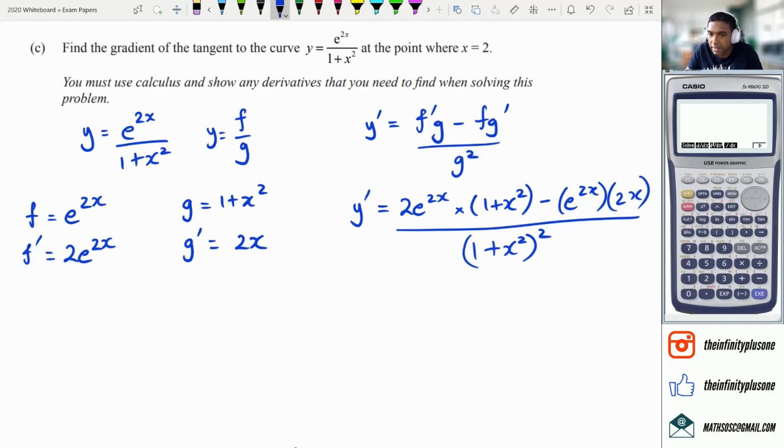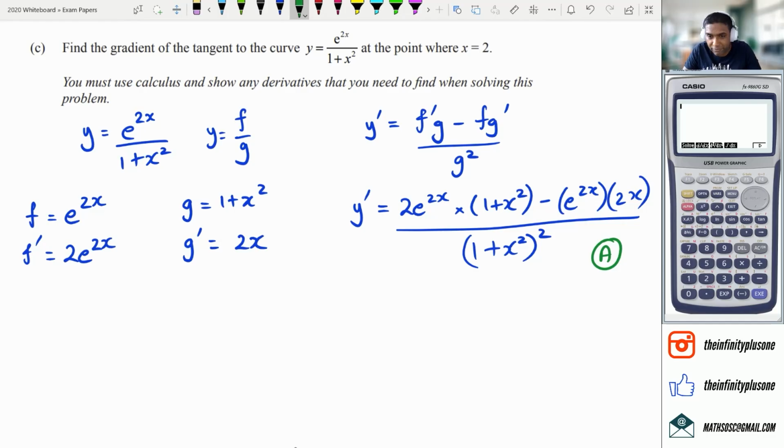At this point, just doing this right here will get you an Achieved, because you've differentiated a function using the quotient rule. Now you have to figure out what the gradient is. So we've got to substitute x equals 2 into this ugly looking equation.